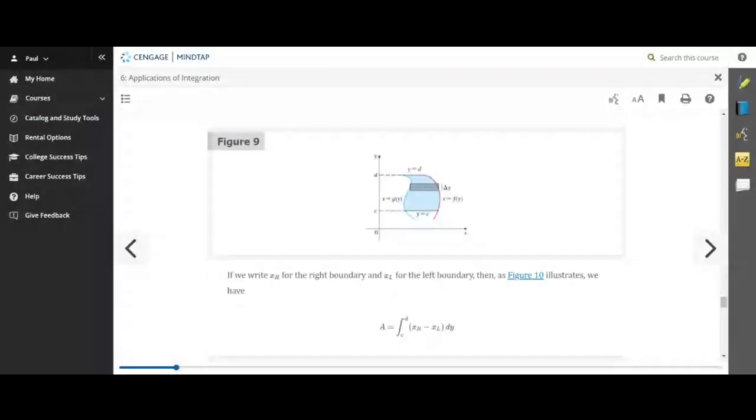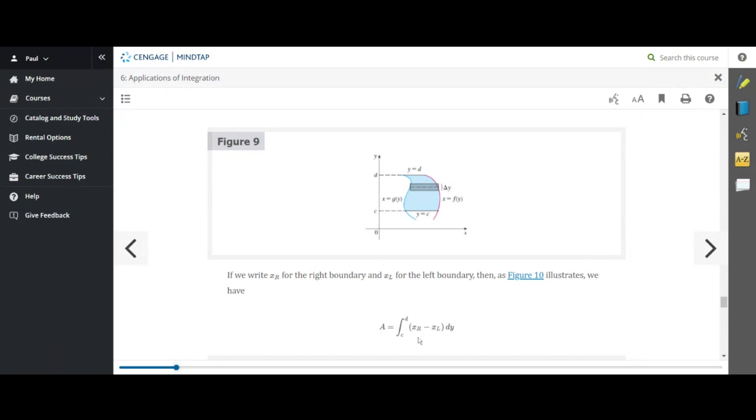you have an area. It's bounded on the left by a function x equals g of y, and on the right by a function x equals f of y. And then it's capped off at the bottom and the top by horizontal lines, y equals d and y equals c.